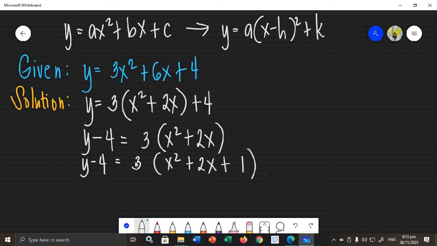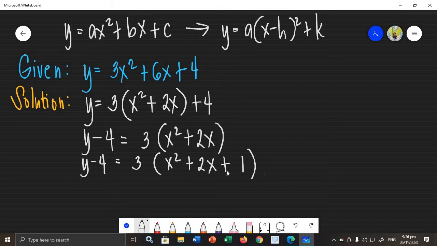So, earlier, we had no problem in example number 1 because the coefficient of the quadratic term is 1, which is invisible, obviously. So, we did not multiply. We don't need to multiply. Whatever we added on the right side of the equation, we just add the same on the left side of the equation. Because when you multiply, times 1, you will just come up with the same number.